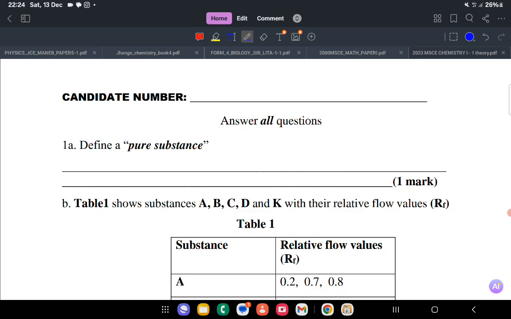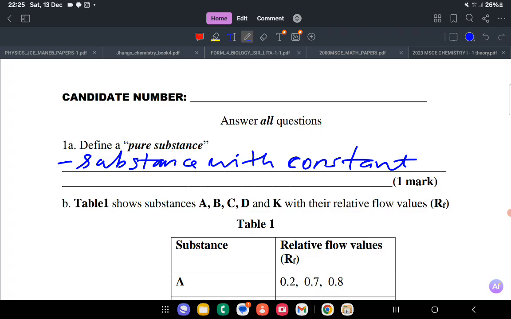Question 1, Section A, is asking us to define a pure substance. This must be from Form 3 chemistry. A pure substance is defined as a substance with constant composition.